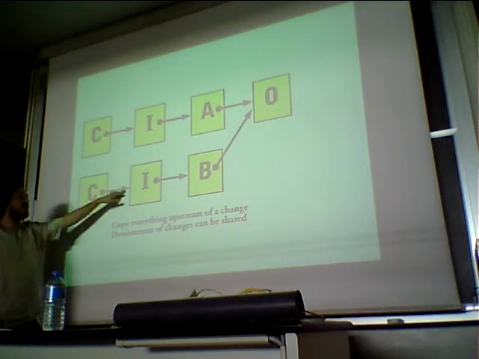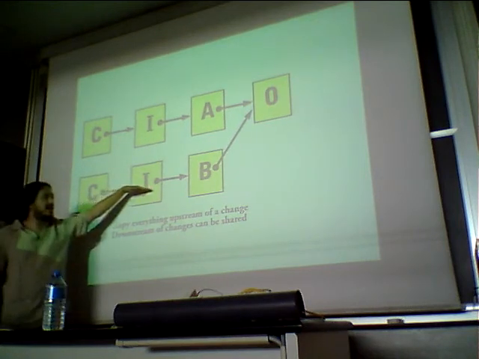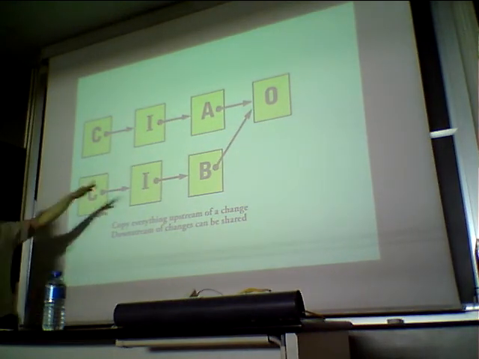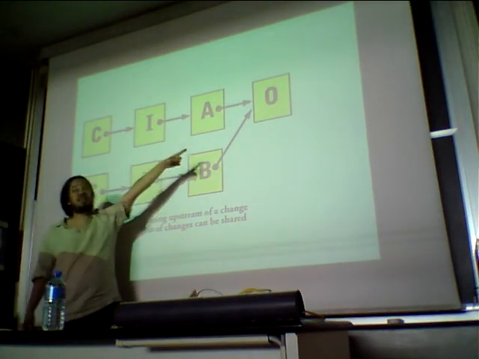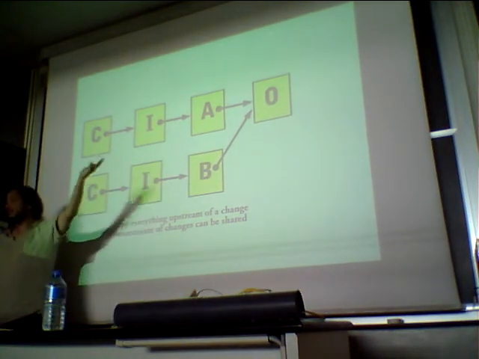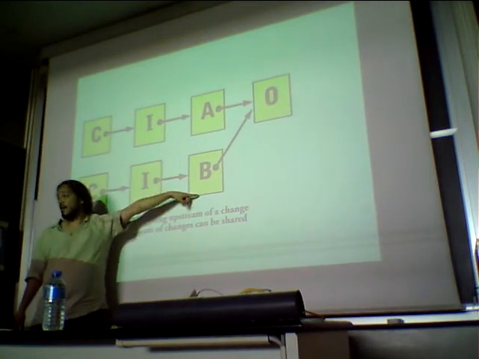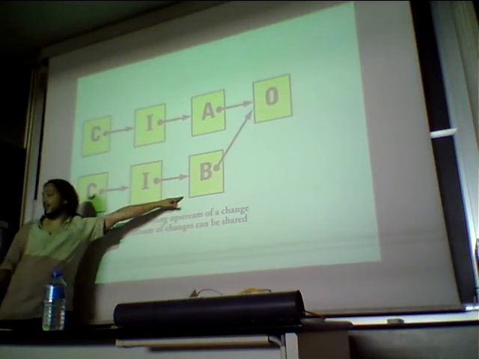Because if you think of this as being the direction of a river, hence the upstream, downstream, and it's flowing in that direction, yes. Everything that's not being changed in the direction of that flow can be shared. So we can both use that O, because there's nothing that's been changed before that. Whereas here, we know that this B is being changed from A, so we have to copy these cells here.